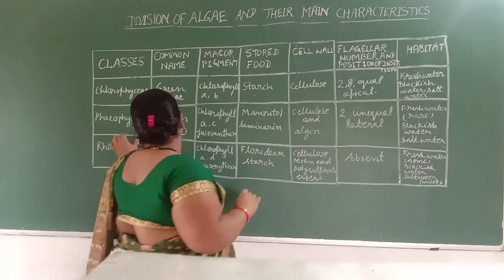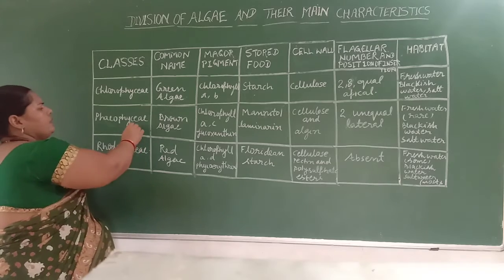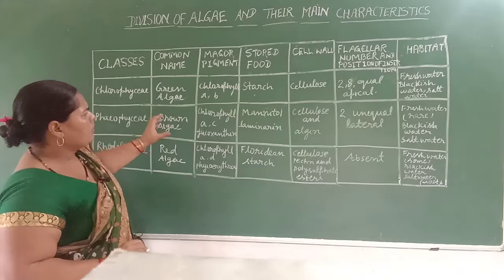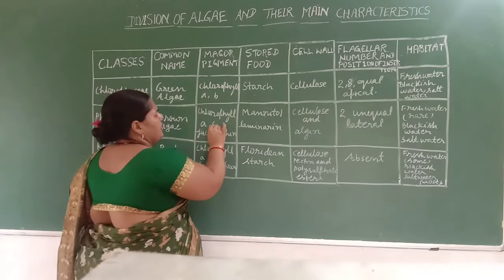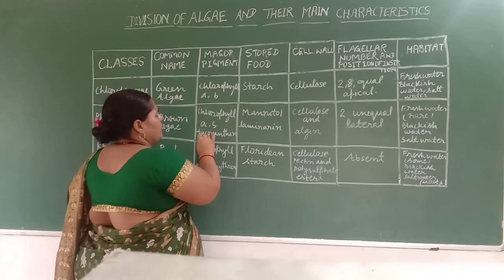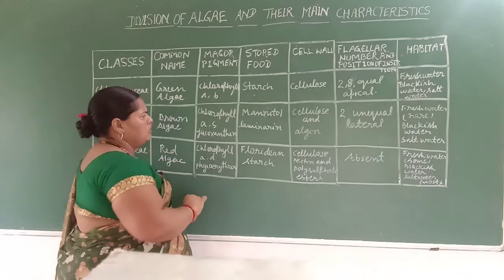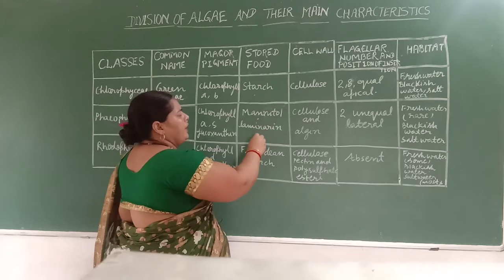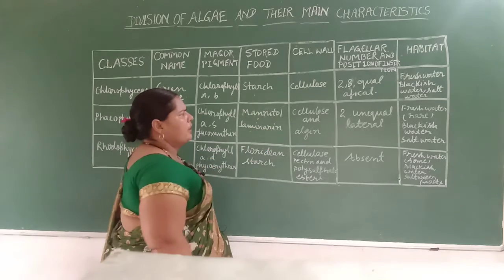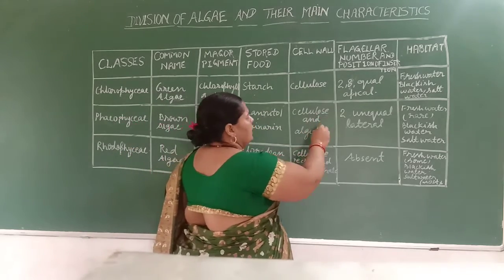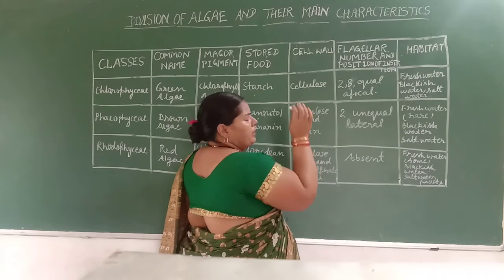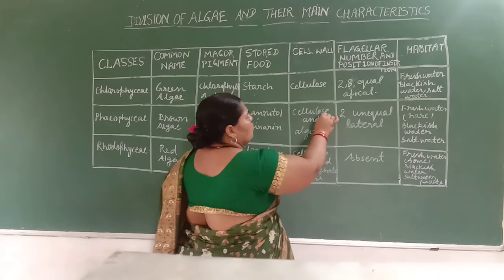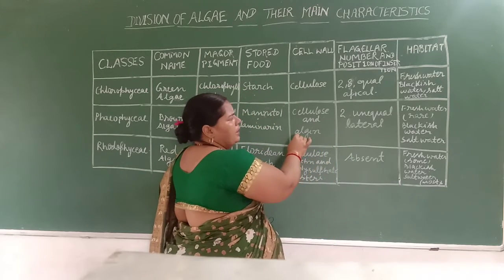The second group of the algae is the phaeophyceae. Phaeophyceae are also known as brown algae, and brown algae have chlorophyll A and C, and fucoxanthin. The food is stored in the form of mannitol and laminarin, and the cell wall is made up of cellulose and algin.